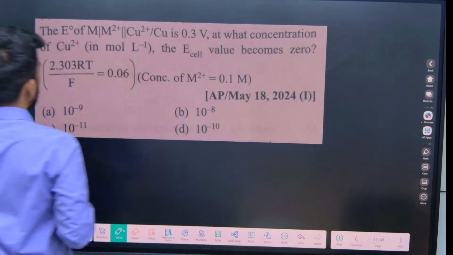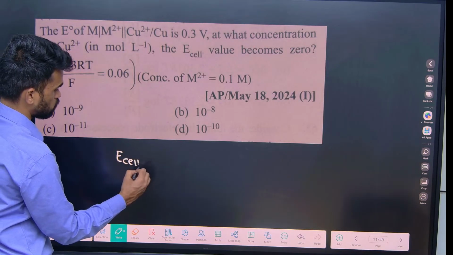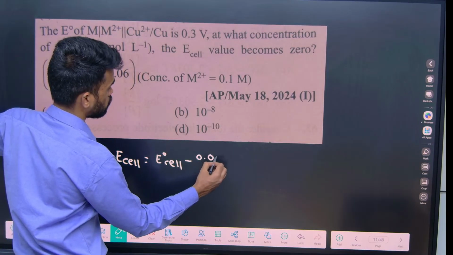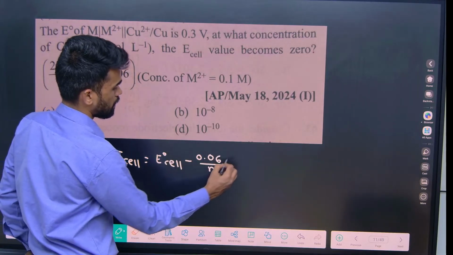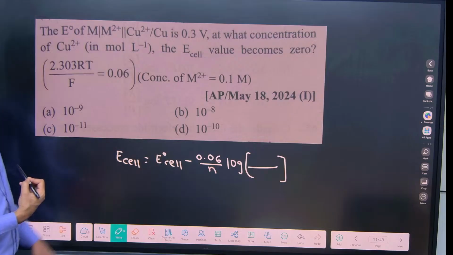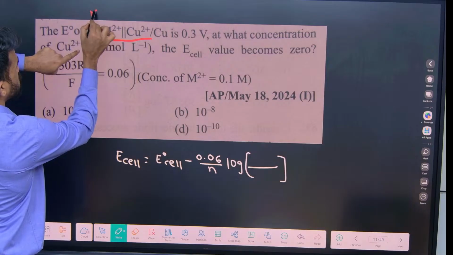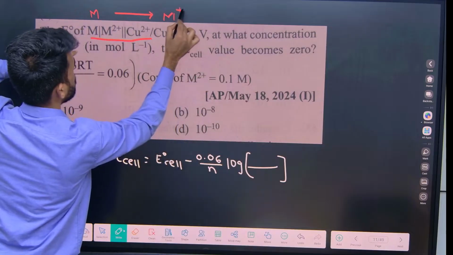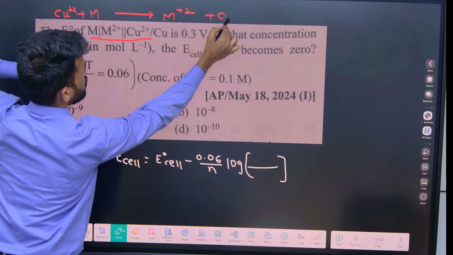So now what I can write here: E cell is equal to E naught cell minus 0.059, which can be considered as 0.06, by N, log concentration of products by concentration of reactants. What is the product formed here? During this reaction, M is converting into M plus 2, and Cu plus 2 is converting into copper metal.